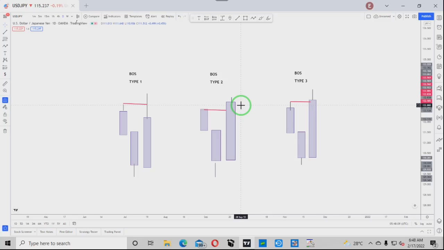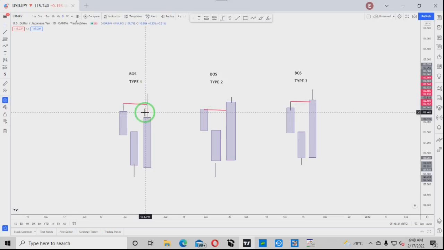Now, we have three types of break of structure. This is type 1. As you can see, price dropped down and formed this low, and then price rallied up to this point, and then retraced, leaving this candle wick here.